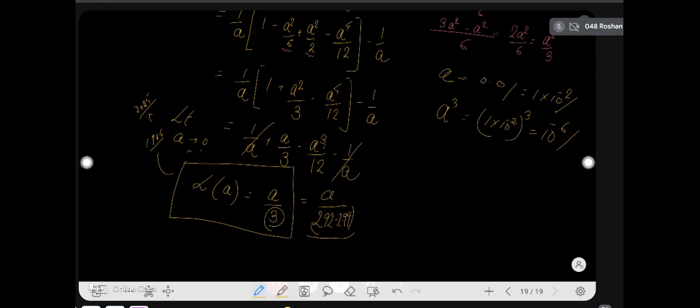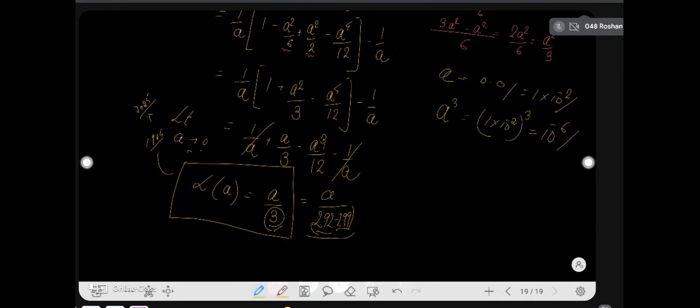But right now, this must be clear in your mind that L(a) equal to a by 3 is near to the actual answer. You cannot discard it, saying that the 1904 theory has no value at present. That is not the case. The denominator is a factor of 3, and here the value only changes from 2.92 to 2.99. There is not much change in this particular factor.